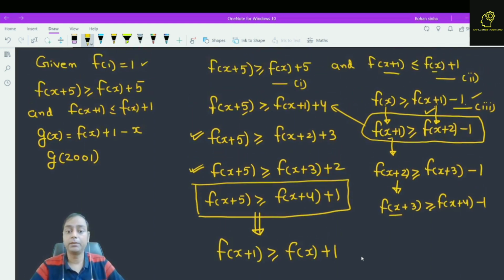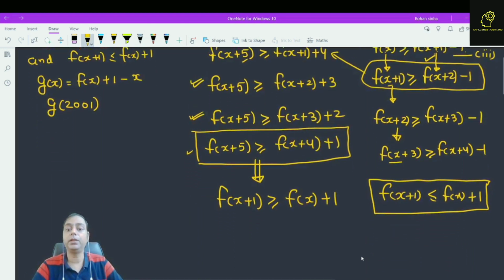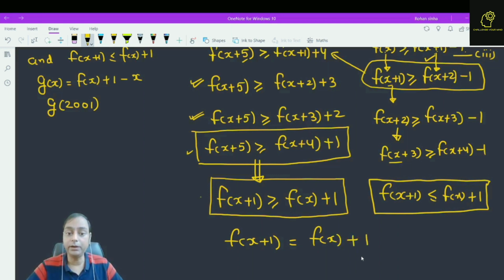This result we have obtained here, and also it is given that f(x+1) is less than or equal to f(x) + 1. So finally we can conclude f(x+1) is equal to f(x) + 1, because here it is greater than or equal to and here it is less than or equal to.